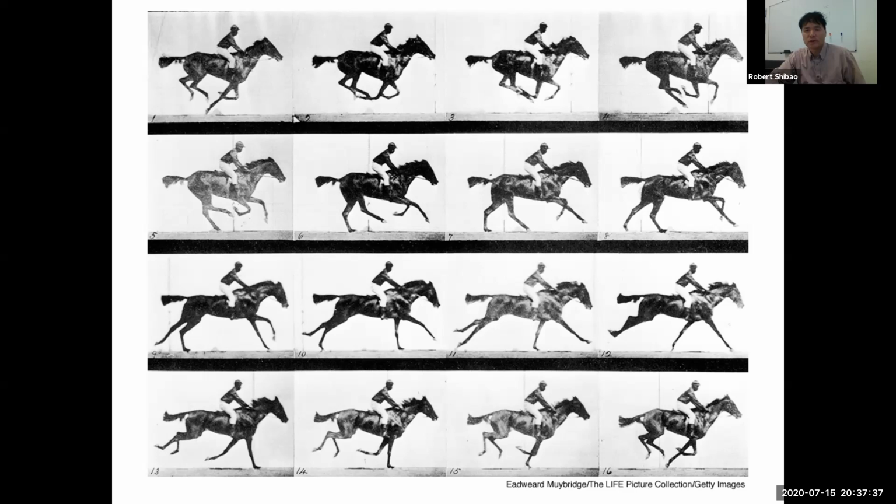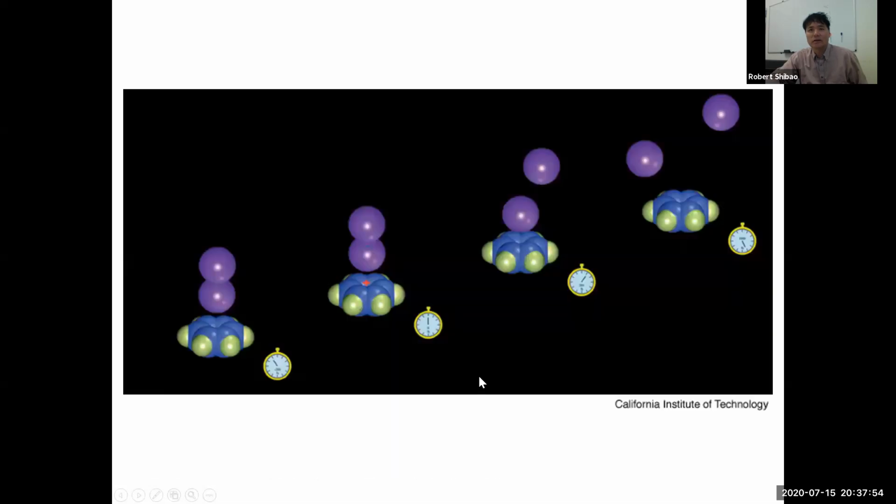What's this supposed to show? Let's see, I'm reading the caption here. This is just showing a horse running. I guess this will make sense when we look at the next slide.